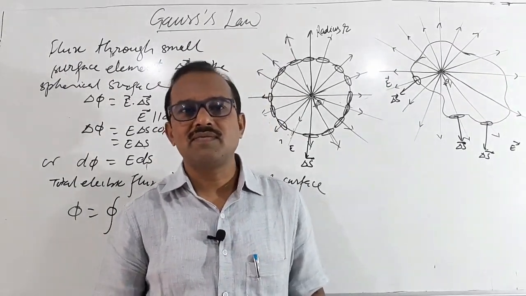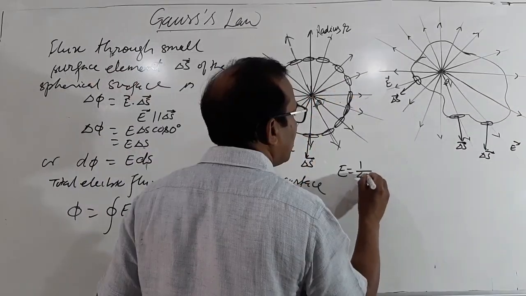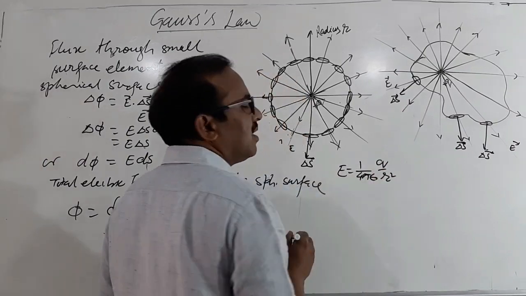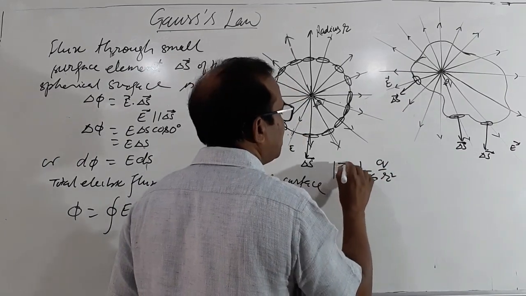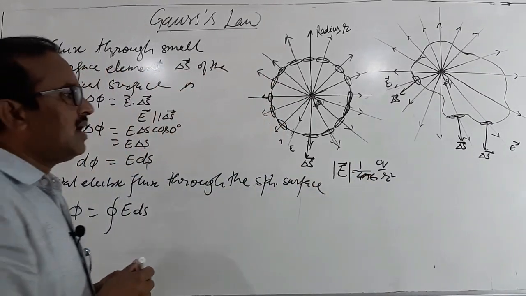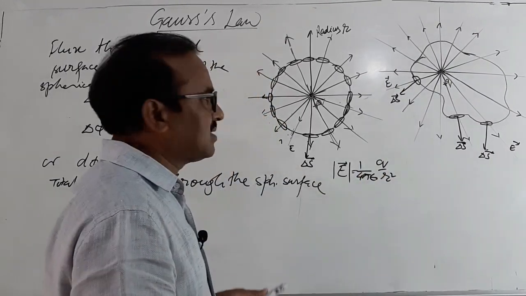Remember, the strength of electric field is 1 upon 4 pi epsilon naught times q divided by r square. On the surface, this magnitude of electric field will be in the radial direction.